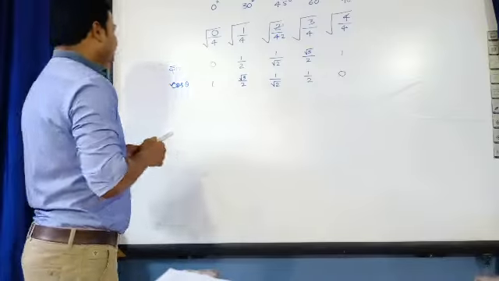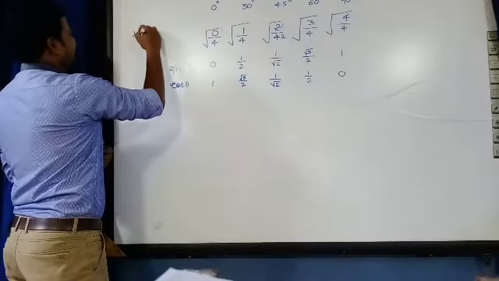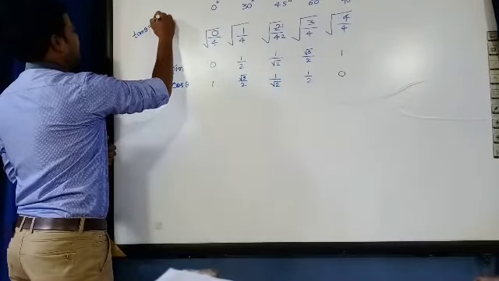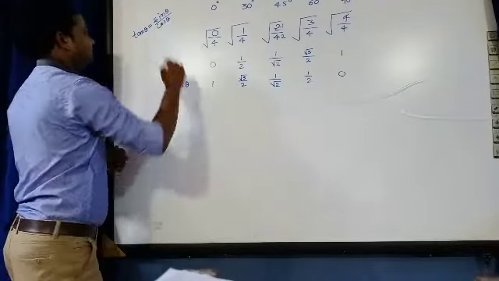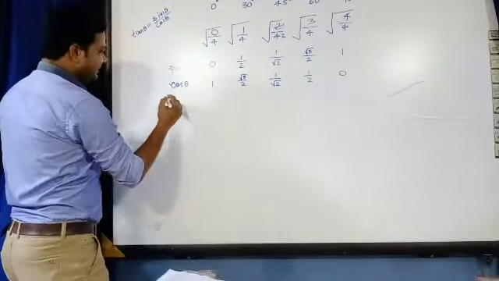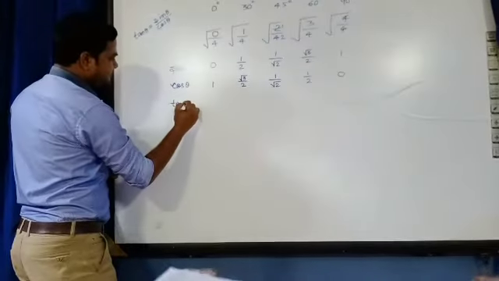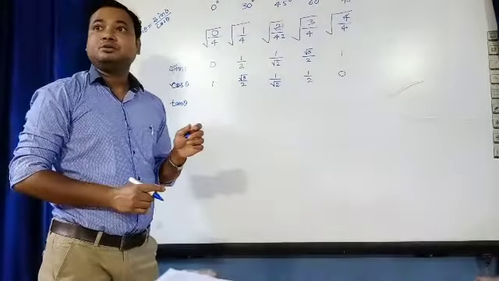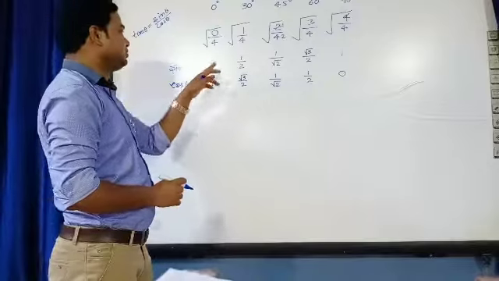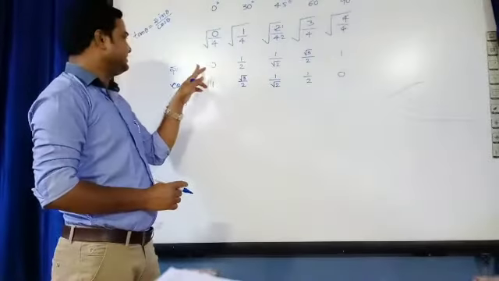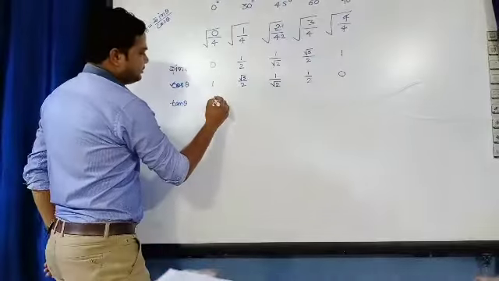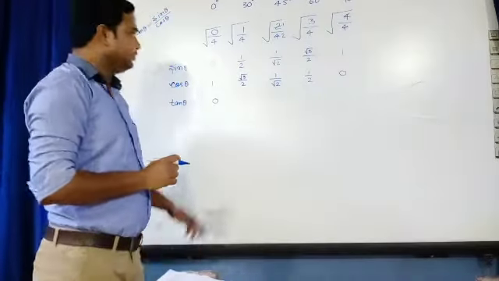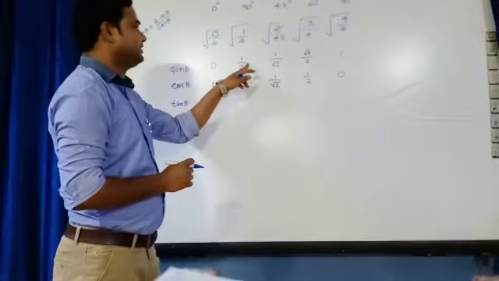Now we know that tan theta is equal to sin theta by cos theta. So here is tan theta: 0 by 1, it means sin theta by cos theta, 0 by 1 equal to 0. Again sin theta by cos theta, the 2s cancel.